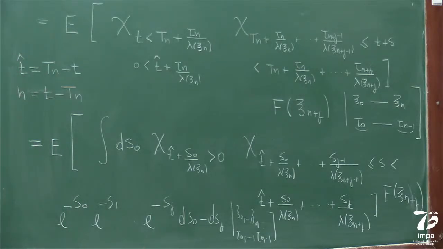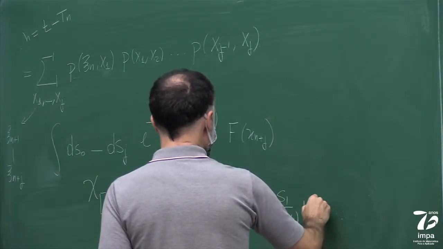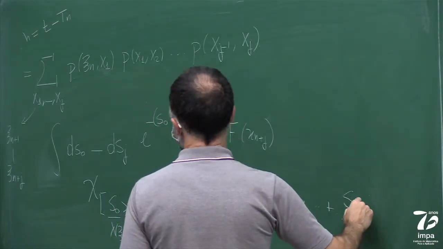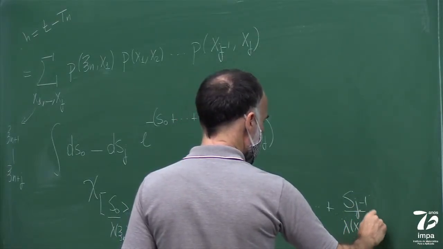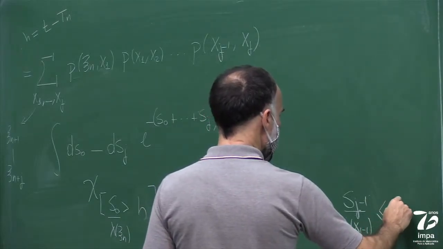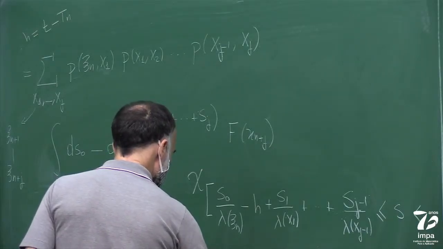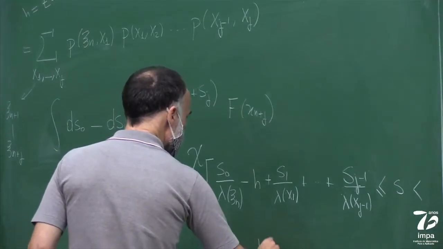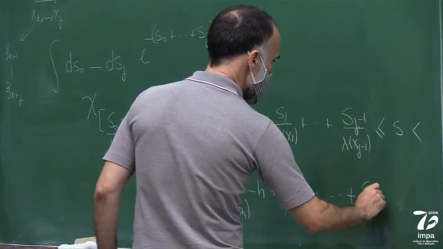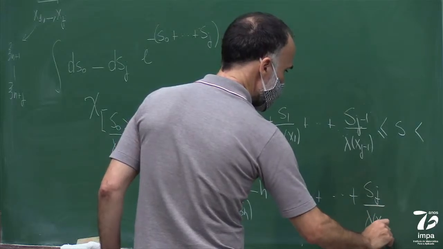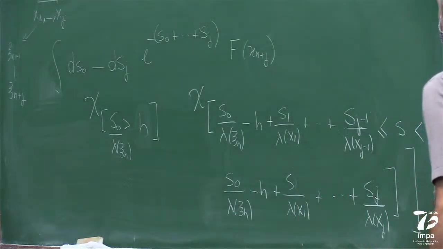So this is lambda x1 plus, I guess, sj minus 1 lambda xj minus 1. This should be less or equal than s, which is less than S0 lambda psi n minus h plus S1 lambda x1 plus now Sj lambda xj. So this is the conditional expectation.